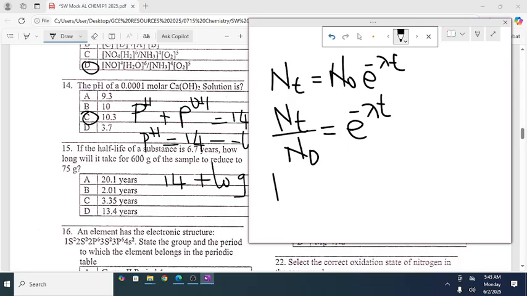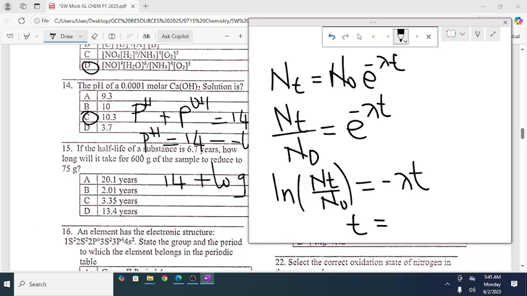I'll have the ln of Nt over N0, and the ln of e to the minus lambda t just gives us minus lambda t. So my t is going to be negative 1 over lambda times the ln of Nt over N0.